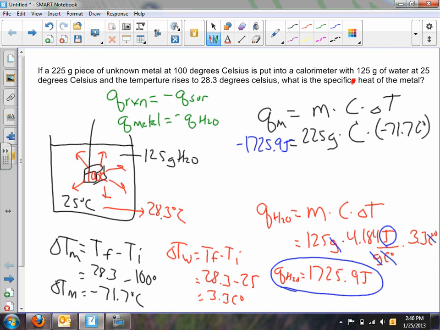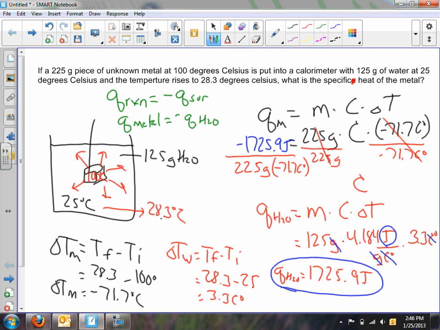To find C, all we have to do now is simply divide both sides by 225 grams and by the negative 71.7 degrees Celsius.